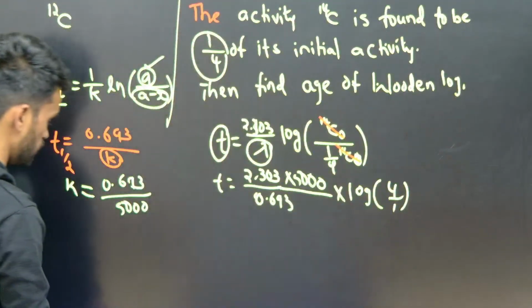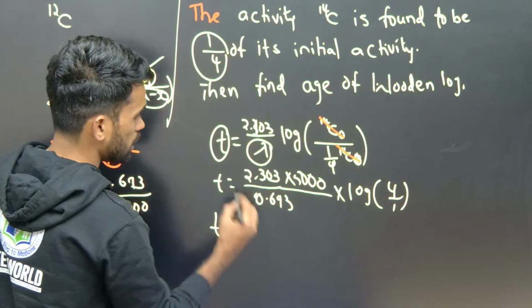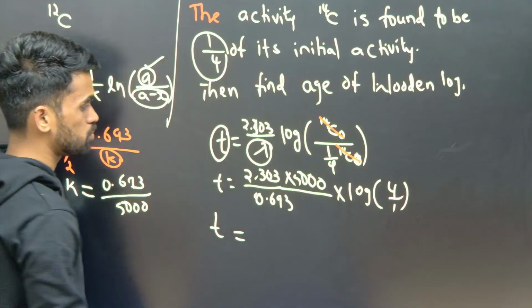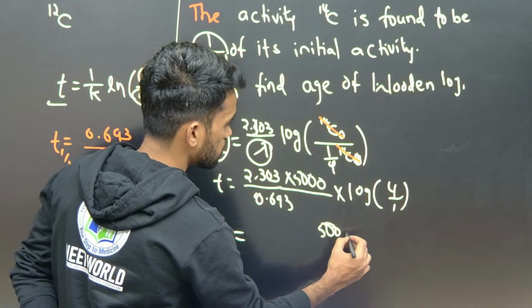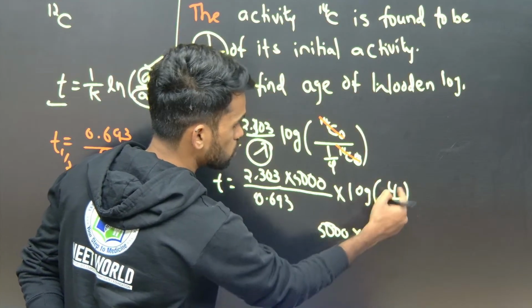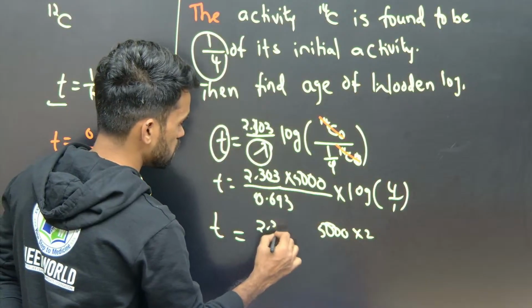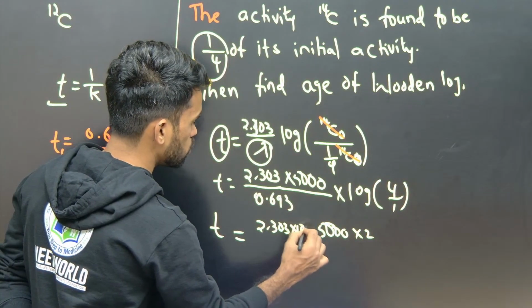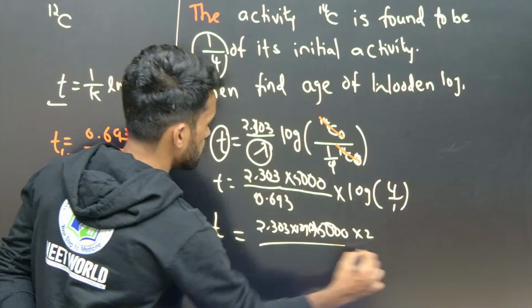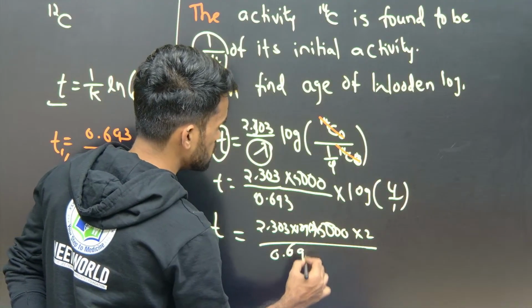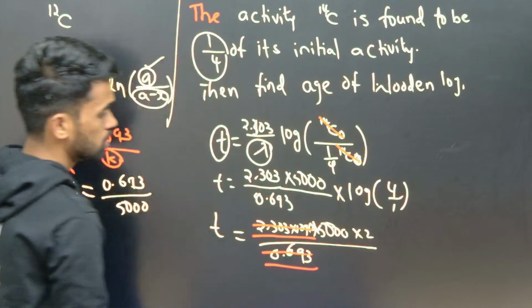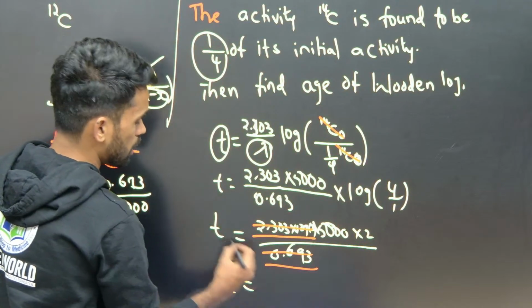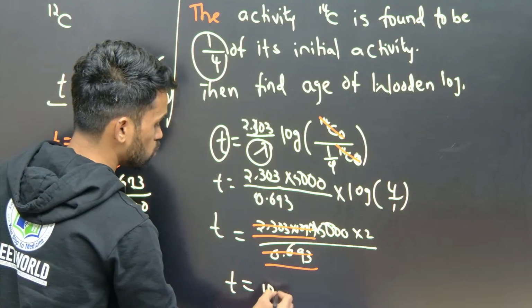We are almost done with this. So what is the age of this particular species? Log 4 I can write as 2 log 2. So that is 2.303 into 2 log 2 by 0.693, and 0.693 and 2.303 log 2 are the same value. Therefore the age of this wooden log will be 10,000 years.